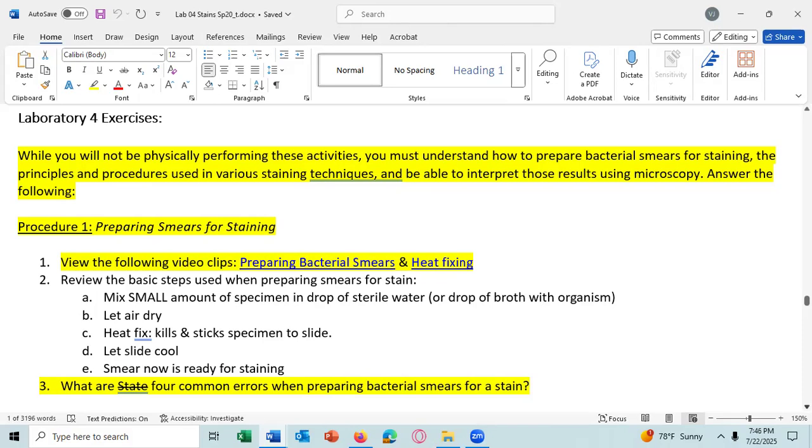And there are some stain applications where you do not make a bacterial smear before you stain the cell. Like when you make a wet mount and then you stain the wet mount, where you add the stain to the wet mount to colorize the cells, that is not making a bacterial smear, but it is making a stain. Any question about any of that?